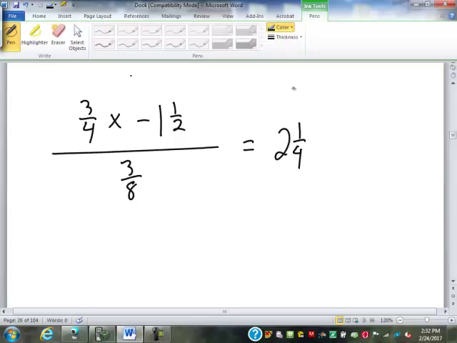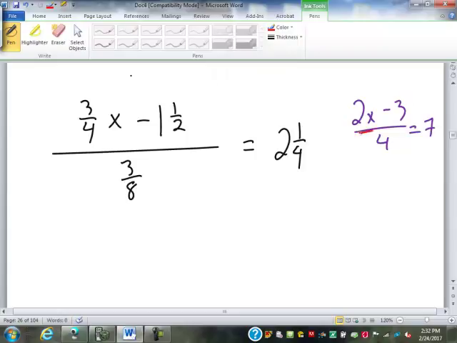So when I look at something like this, guys, this is exactly like one I did earlier, only there's fractions in it. Remember, we had that one that was 2x minus 3 over 4 equals 7, something like that.